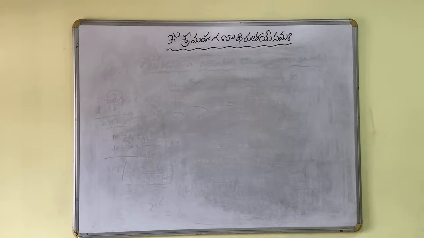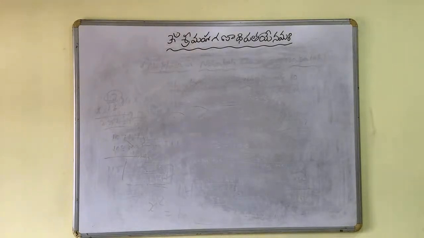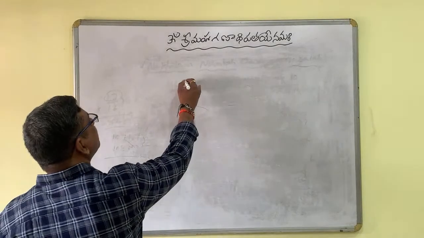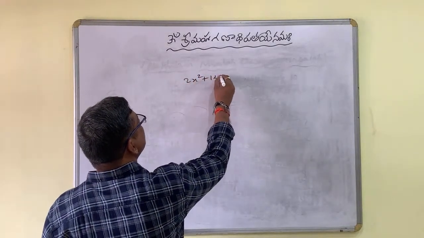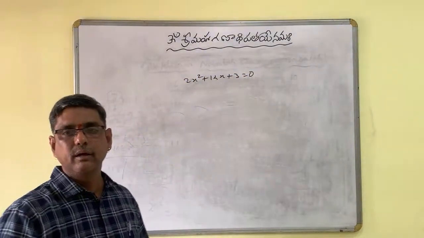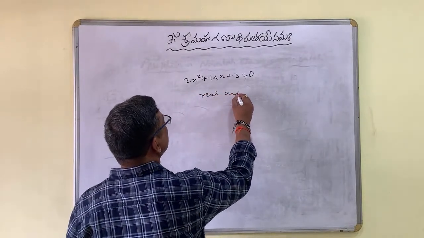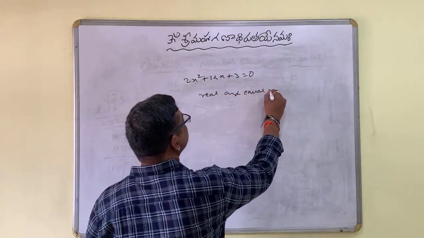Second Roman, find the value of k for each of the following quadratic equations so that they have two equal roots. It is given that 2x square plus kx plus 3 is equal to 0 is having real and equal roots.